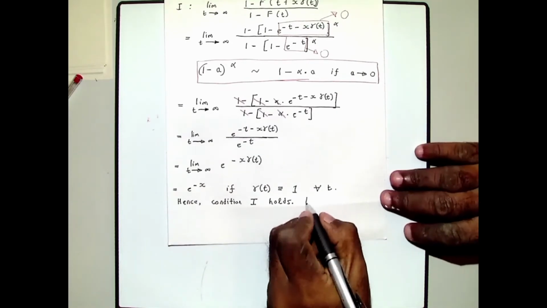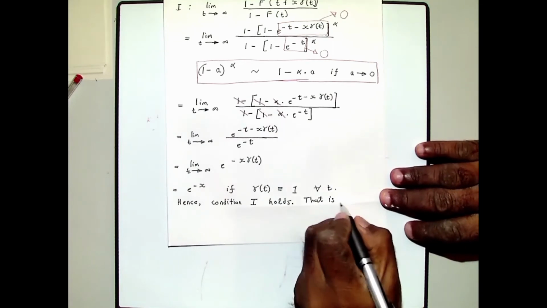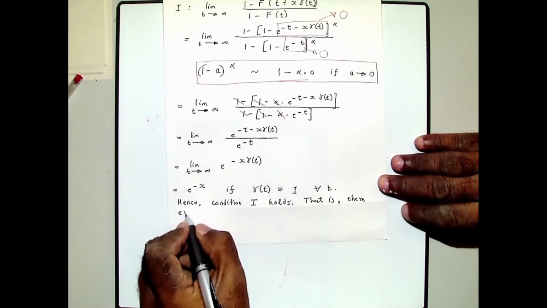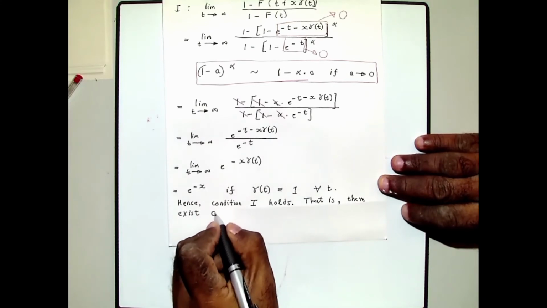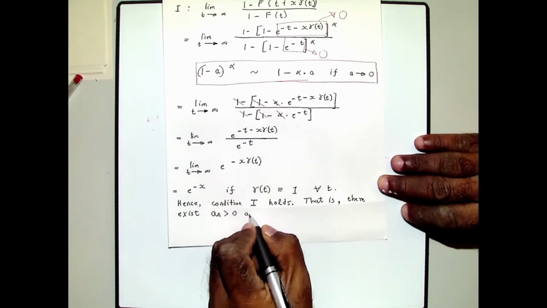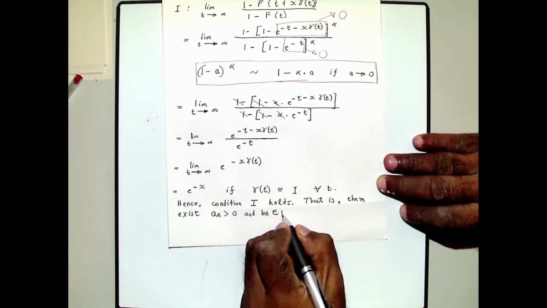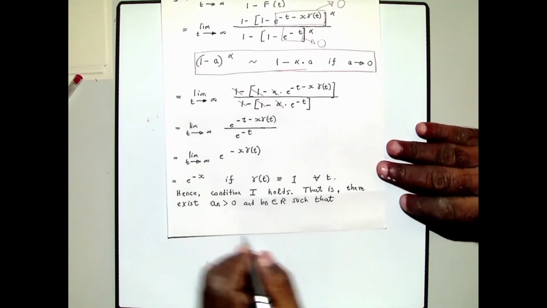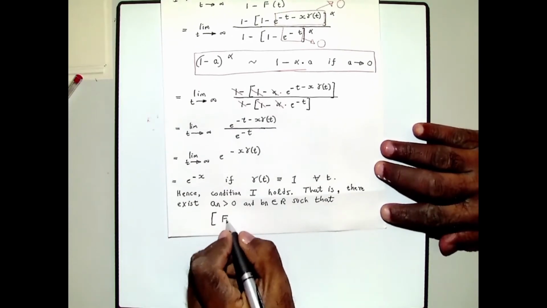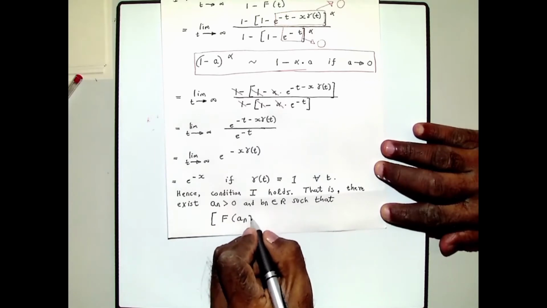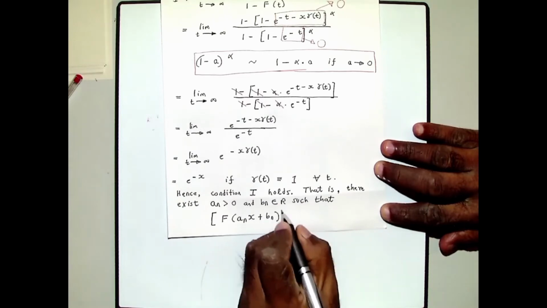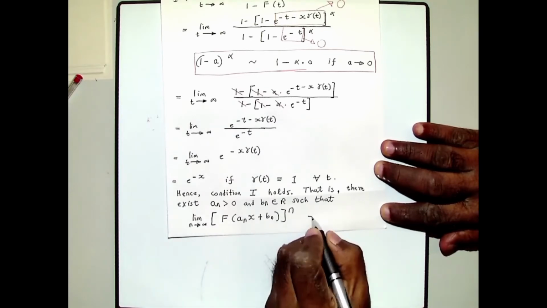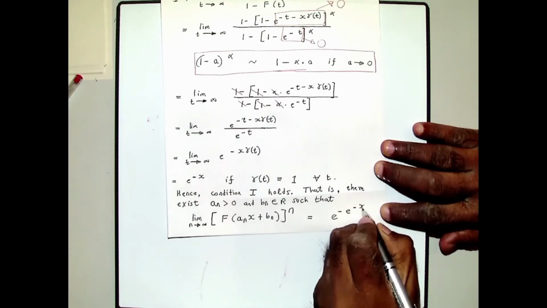That is, there exist two constants an positive and bn real number such that the limit as n goes to infinity is equal to the Gumbel distribution, right?